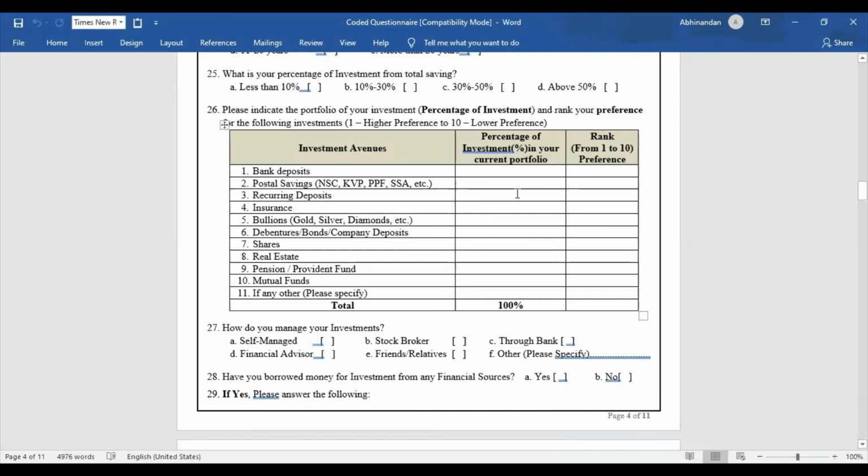Here he can write 30%, or 100% for bank deposit, or 0.000% for other investment avenue. And here 0 means it has no value because he has not invested any amount in postal savings. So he writes 0%. So that is the ratio.